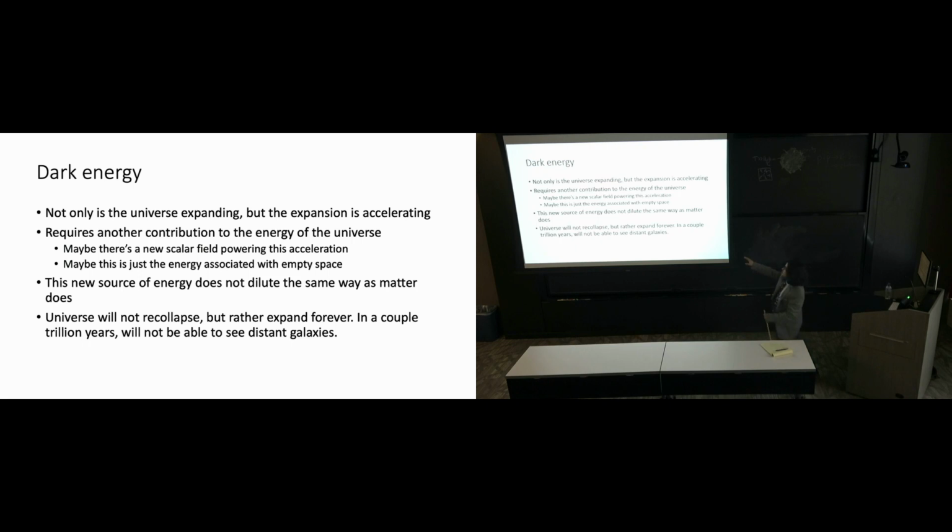We call this dark energy just because it is also a sort of stuff that doesn't interact with photons, but I should emphasize, it doesn't necessarily have anything to do with dark matter. We have some theories about what this could be.